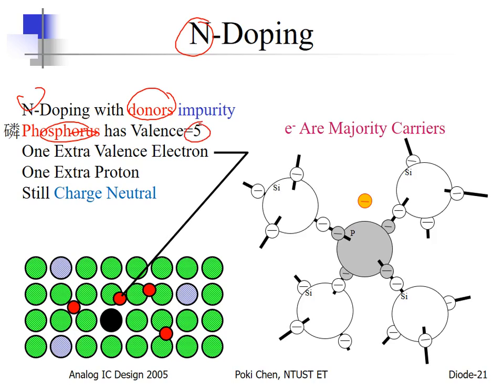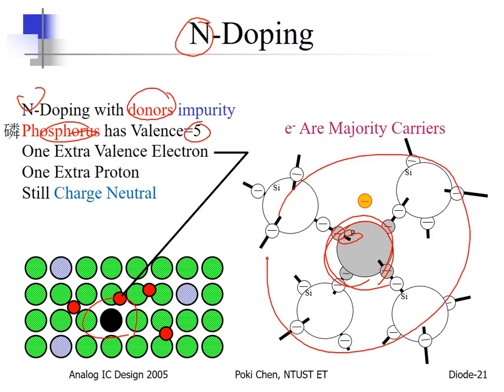So if you dope the phosphorus atom with high enough energy to kick out one silicon atom and take its position, what will happen? Here the phosphorus takes the position, but all 4 neighbors are still silicon.